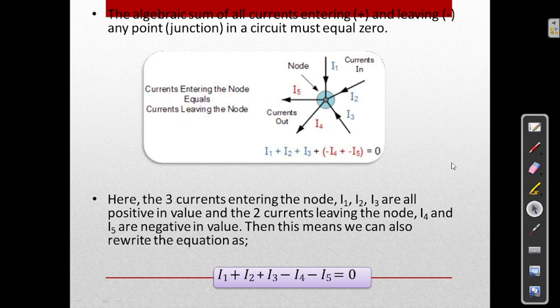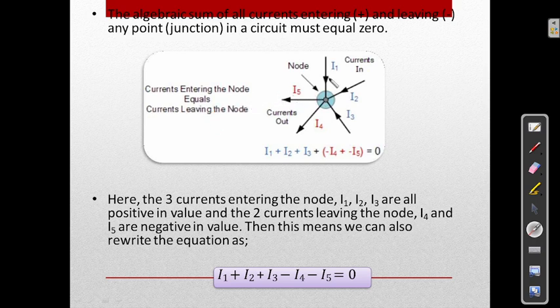The algebraic sum of all currents entering and leaving a junction must be equal to 0, as we said earlier. This is the junction point, and the current entering the node is equal to the current leaving the node.